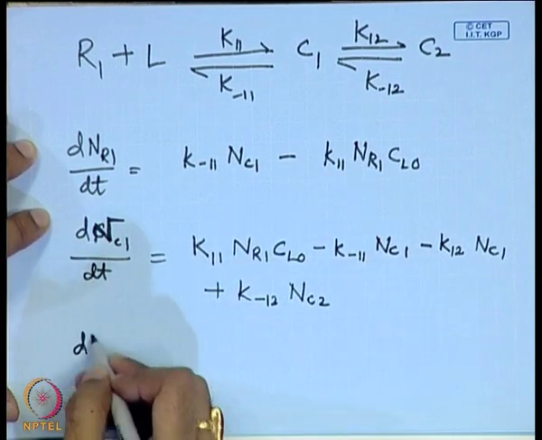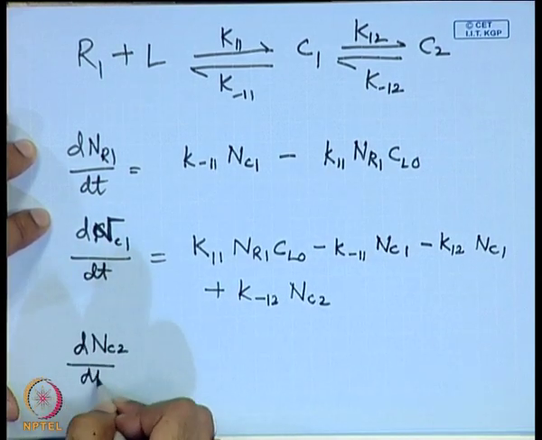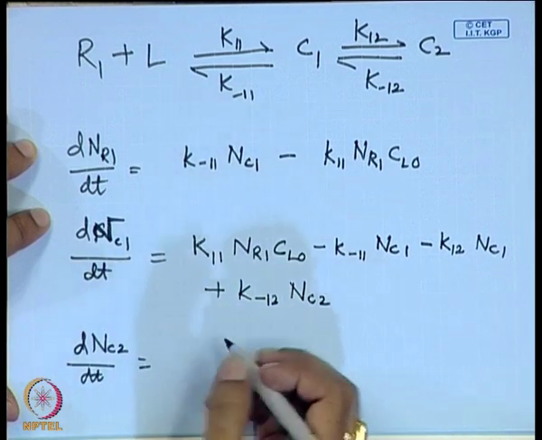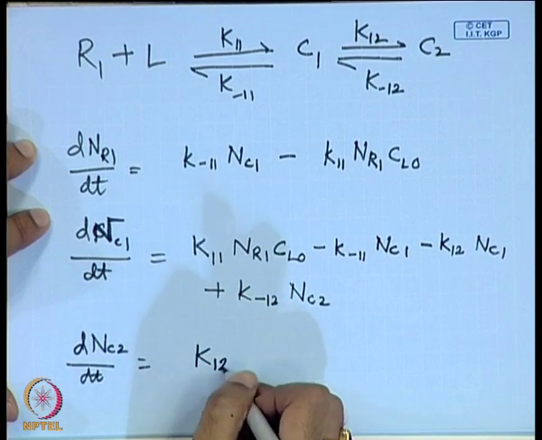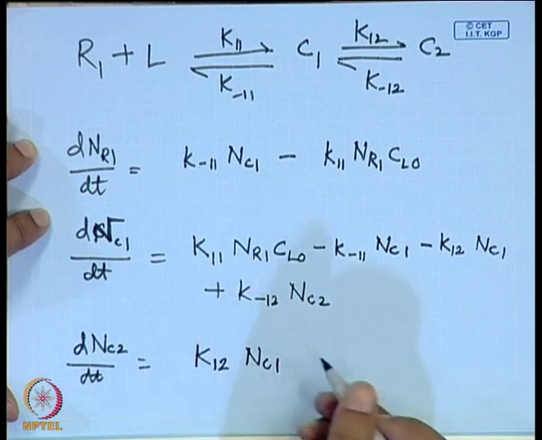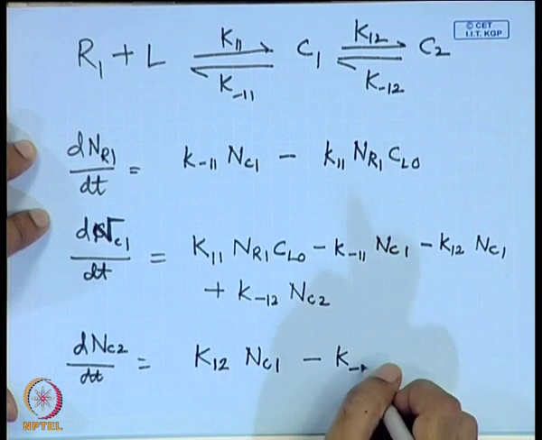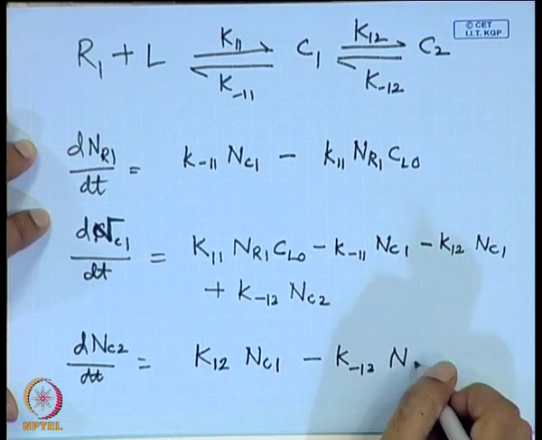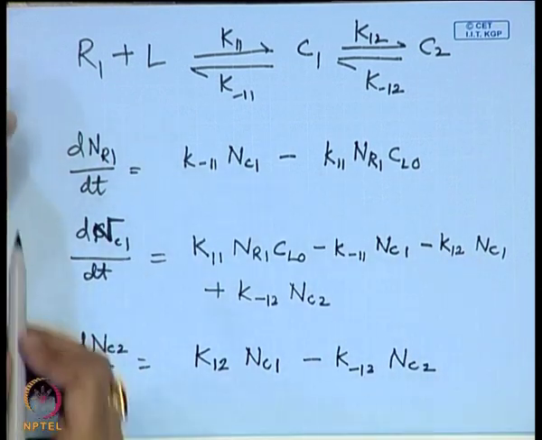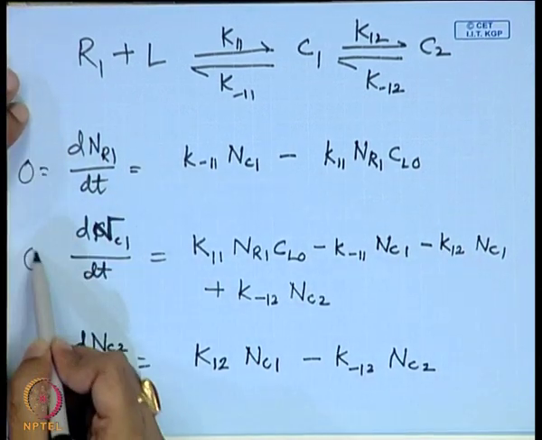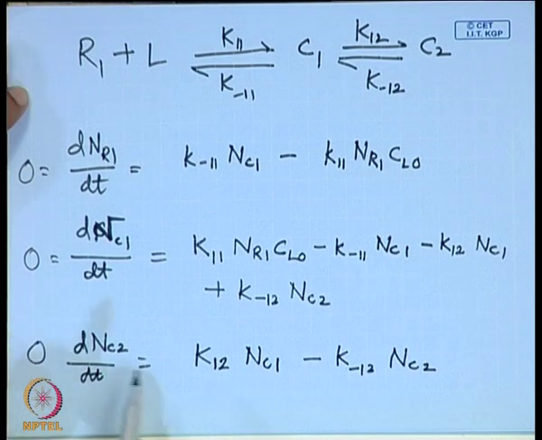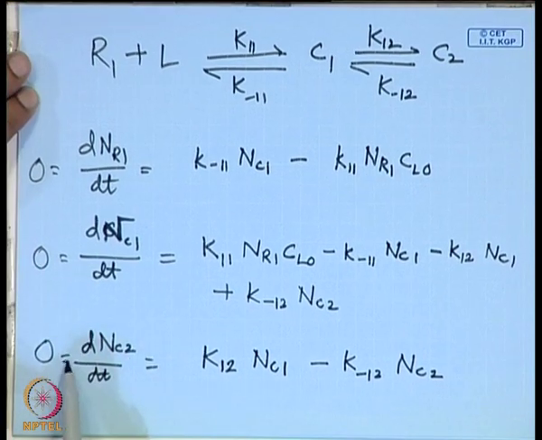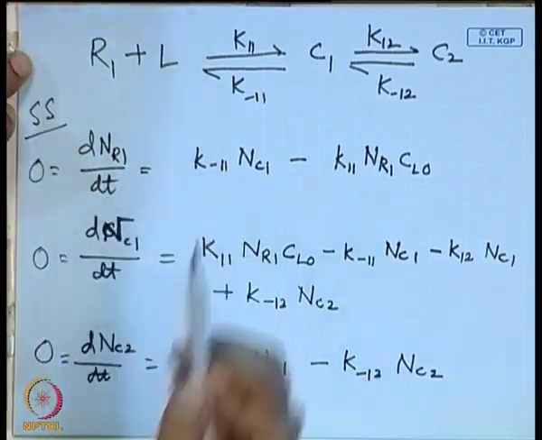And what would be my dNC2/dt? That simply equals k12 NC1 minus k minus 12 NC2. So, at steady state, each of these would be 0.